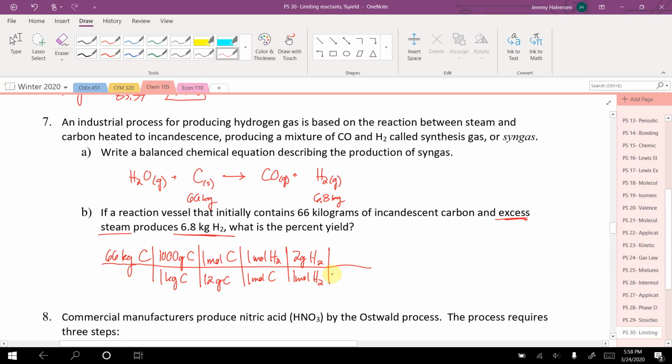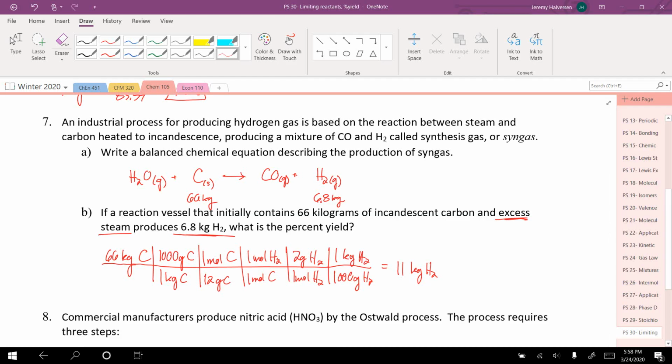And lastly, get it into kilograms. And that's going to give me 11 kilograms of H2, that if all of my carbon reacted perfectly and I captured all of it, I would get 11 kilograms of hydrogen.